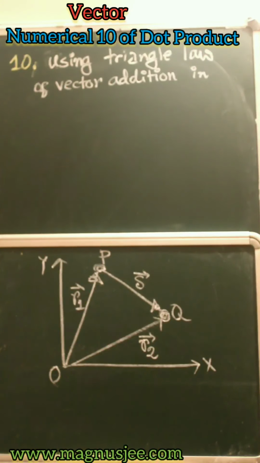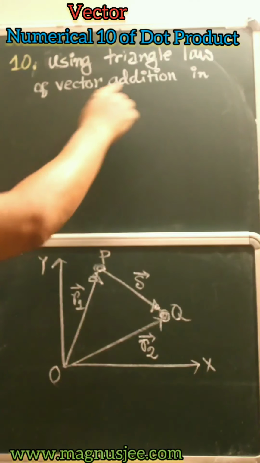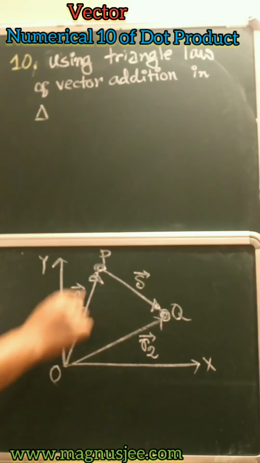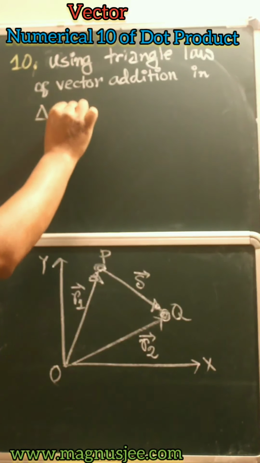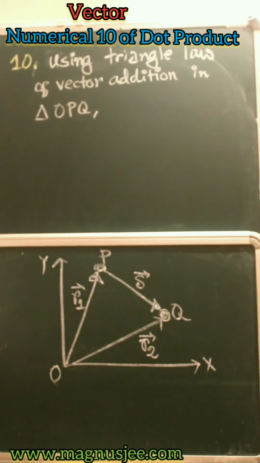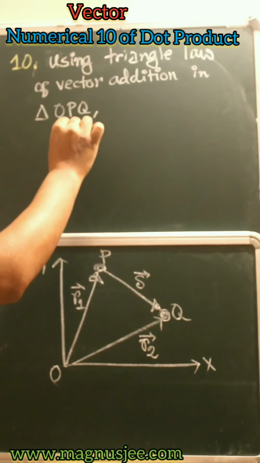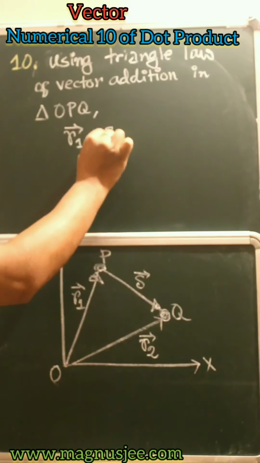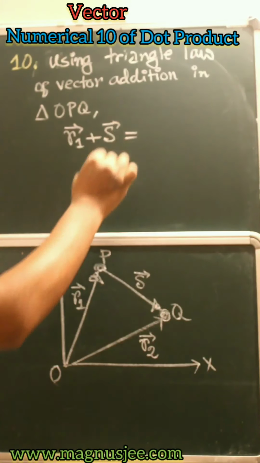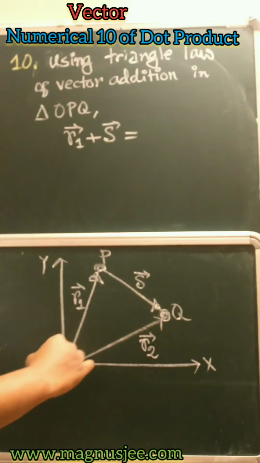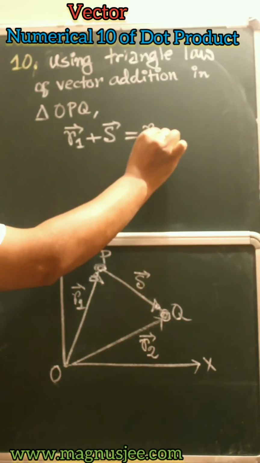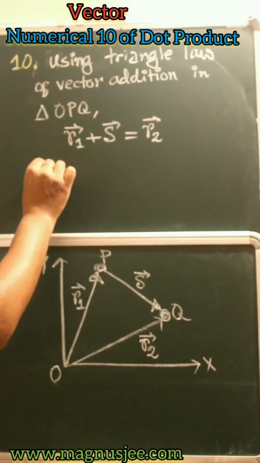Using triangle law of vector addition in the triangle OPQ, OP and PQ are taken in the same order. We can write the sum of vectors, that is vector R1 plus vector S, will be equal to vector R2, because vector R2 is the third side taken in the opposite order.